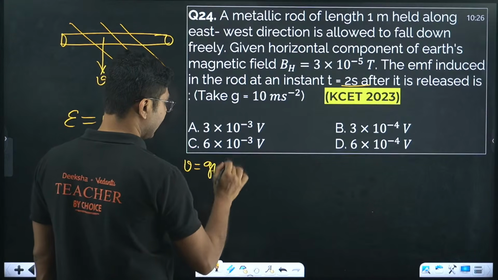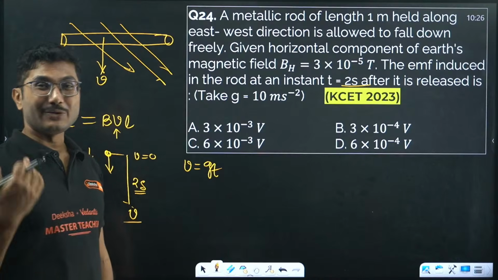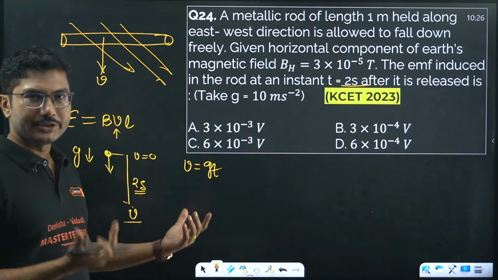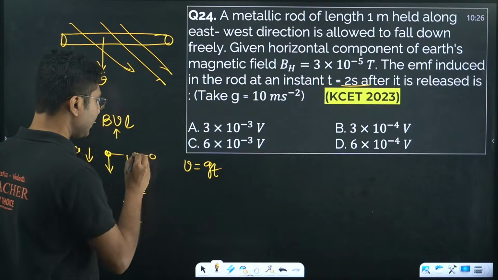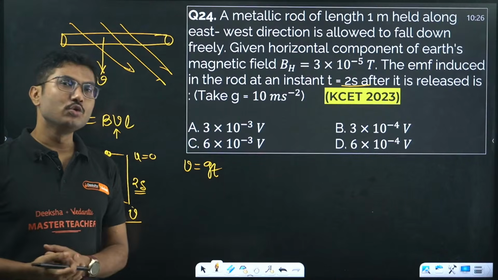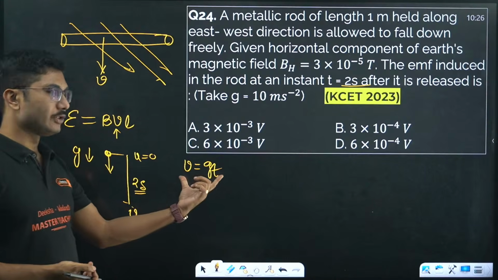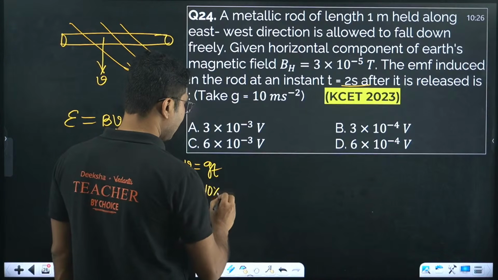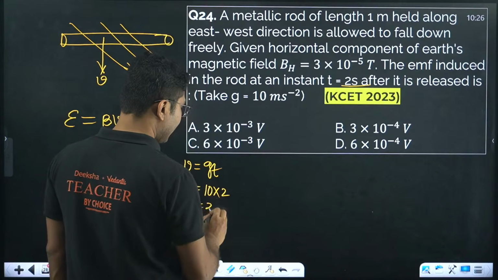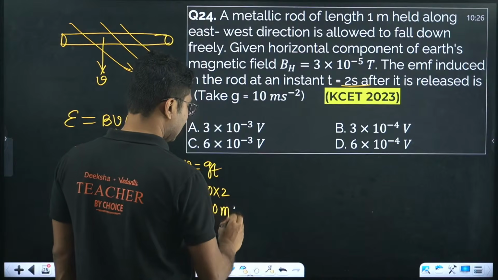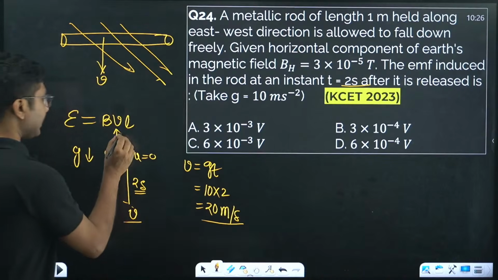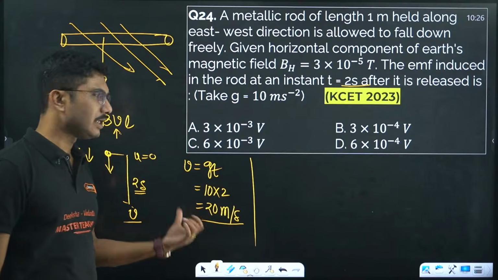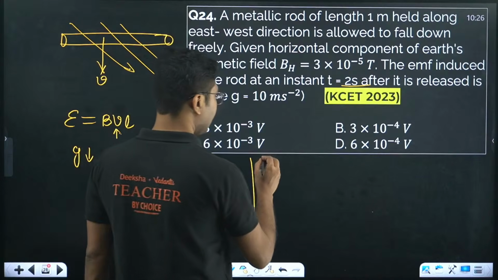g into t, right? v is equal to u plus at. u is 0, not v is 0, u is 0, so only g into t. g is 10 and time given here is 2, so 20 meter per second is the instantaneous velocity at this moment. Not a very difficult formula obviously, so what will be the EMF induced?